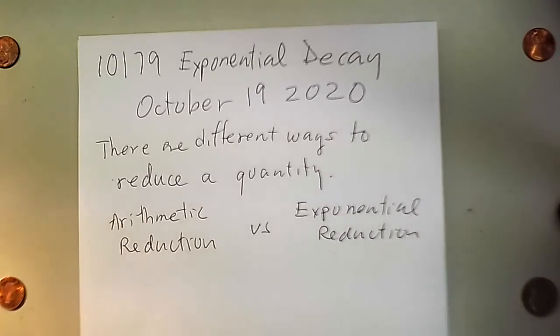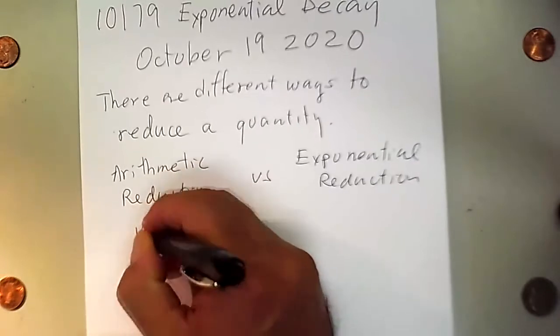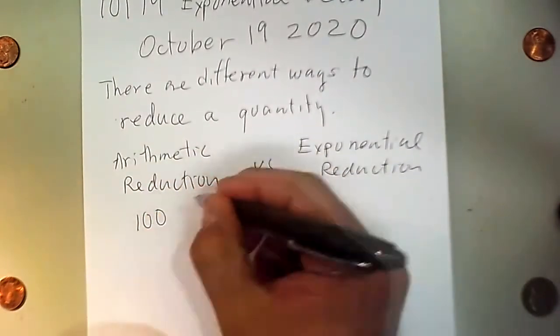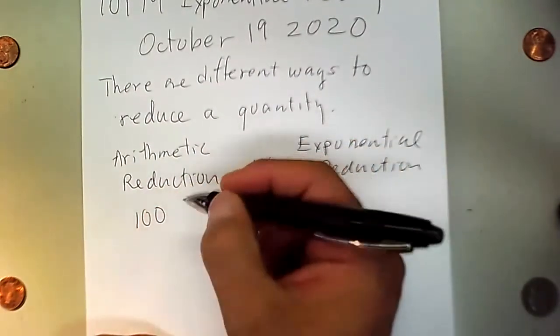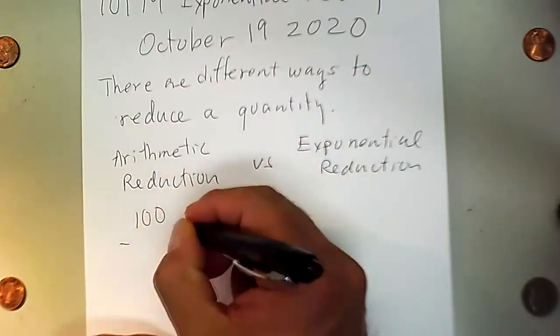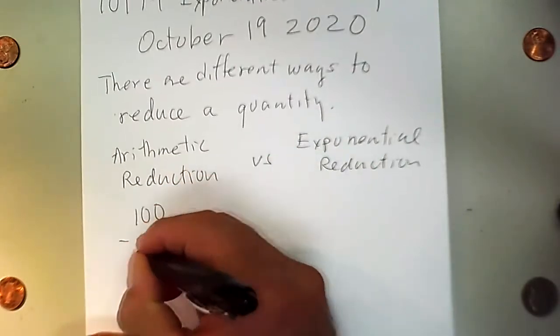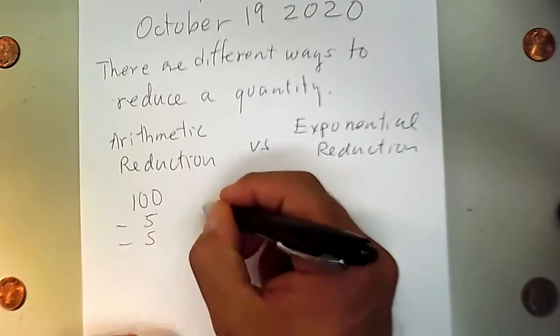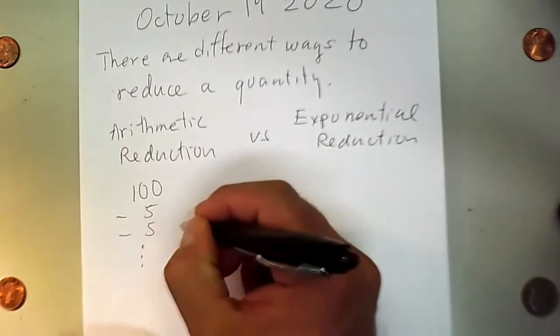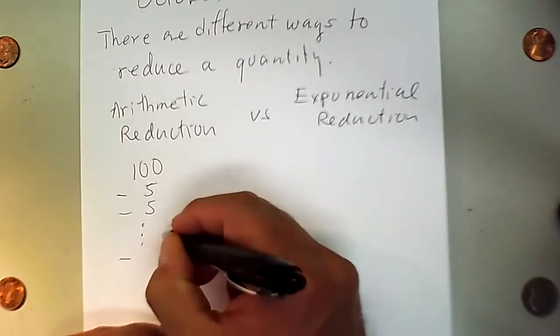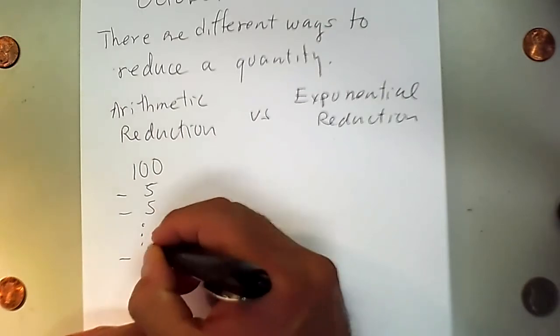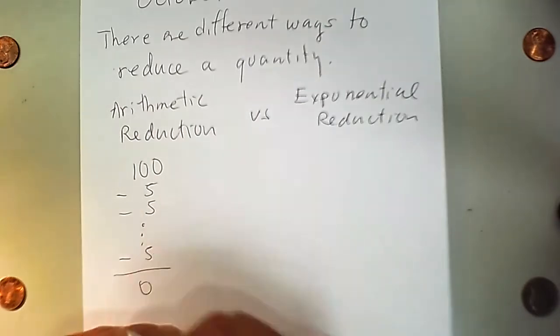And so let's say you start out with 100 tomatoes, and let's say you pick 5 at a time, just to give an easy number. So -5, and then you keep doing that, -5. And so, of course, you've got to make 20 trips, and eventually you get down to 0 tomatoes in the box.